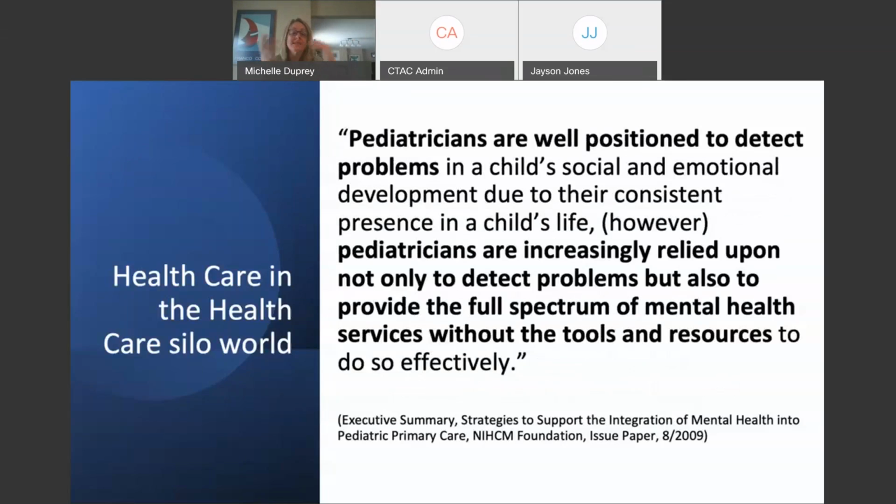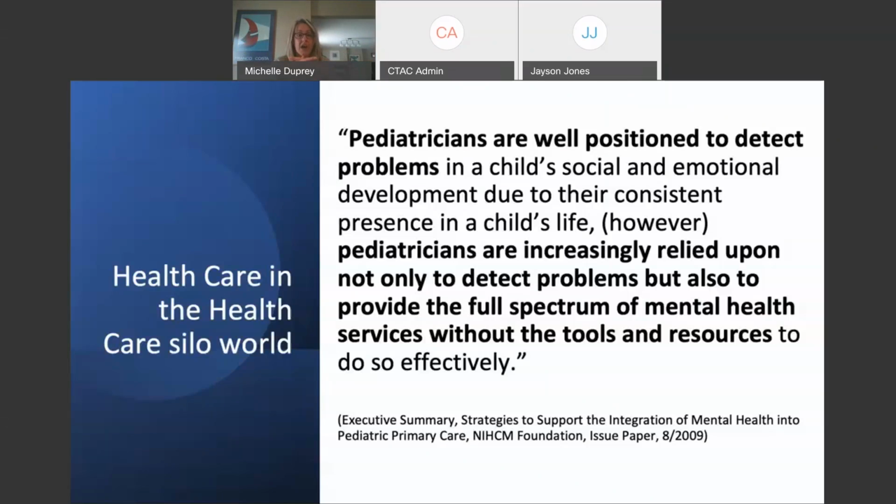So in a sense, as I mentioned, pediatricians, this is from an executive summary article that was written in 2009, but it's still relevant. Pediatricians are well positioned to detect problems in the child's social and emotional development because they're present in that child's life. They have a pediatrician they usually go to. Pediatricians, though, are like, I want to do stuff, I can't. I've got 15 minutes to deal with all the physical healthcare things that need to be taken care of.